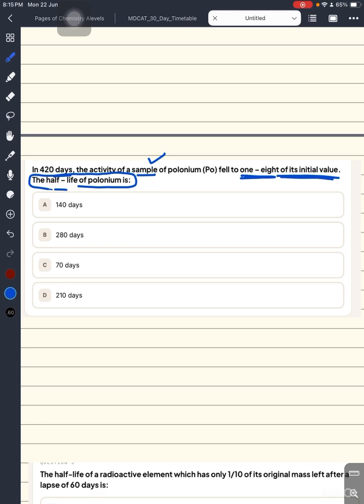Activity: N equals N0 times (1/2) to the power n. It will be 1/8 equals (1/2) to the power n, and n will be 3.